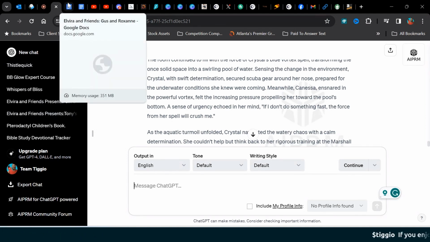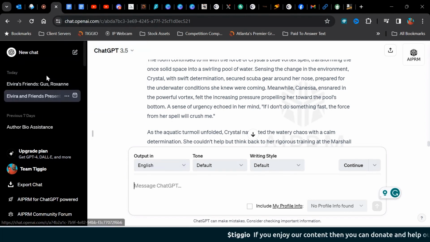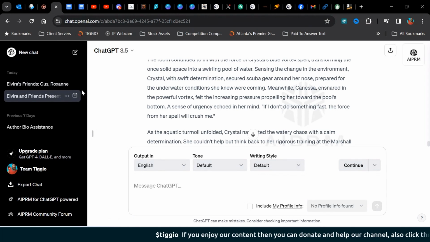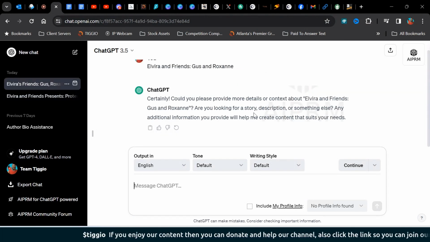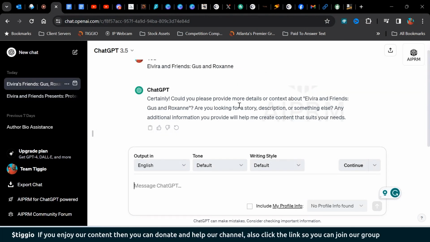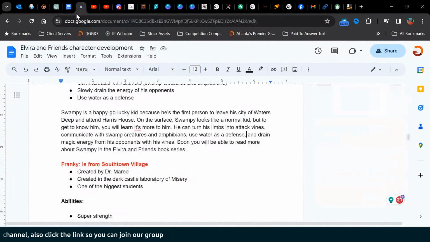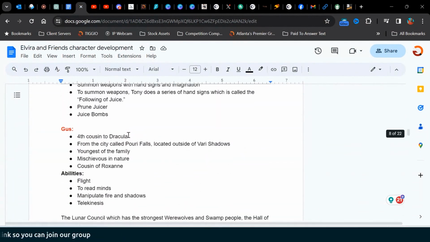I have a total of 21 books that are going to be ready to rock and roll. So let's get back to this book here. Let's give some backstories of all of the characters that will appear in this book. I have all of my information written down.